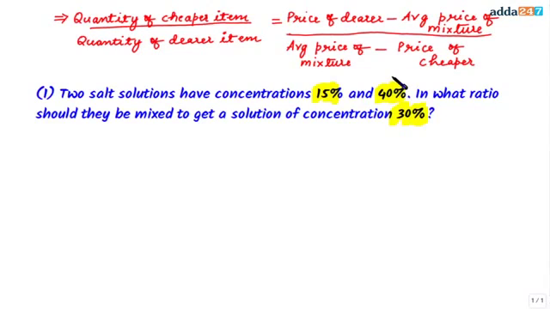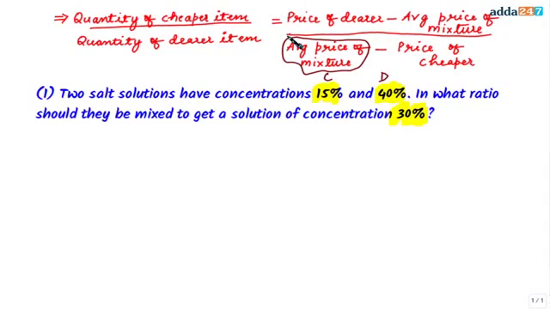The solution with the higher concentration of salt will be the dearer item, and the solution with lesser concentration of salt will be the cheaper item. So 40% will act like the price of the dearer item, and 15% will act as the price of the cheaper item. And this 30%, which is the resultant concentration when we mix two salt solutions, will act like the average price of the mixture.